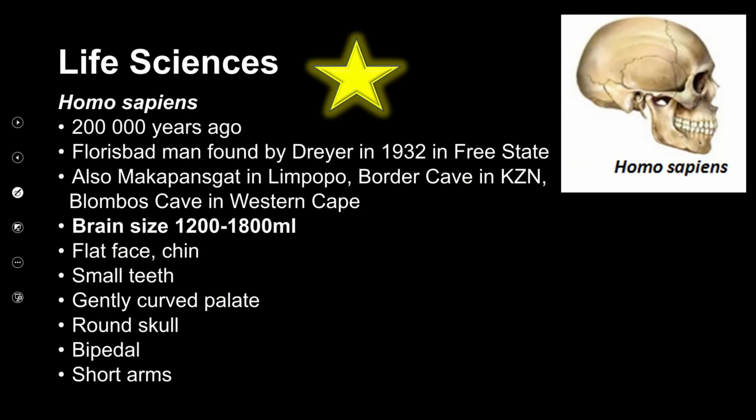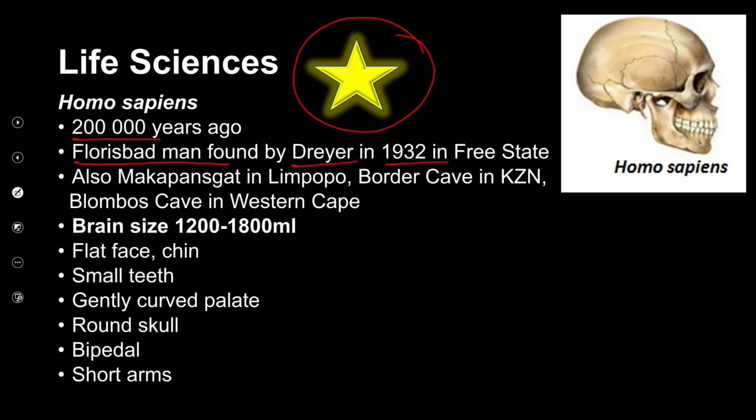All right, and then we're going to come to the last group that is known as Homo sapiens, and once again we have a star, so this is also very important that you learn. We see that Homo sapiens emerged about 200,000 years ago. Florisbad Man was found by Dreyer in 1932 in the Free State.